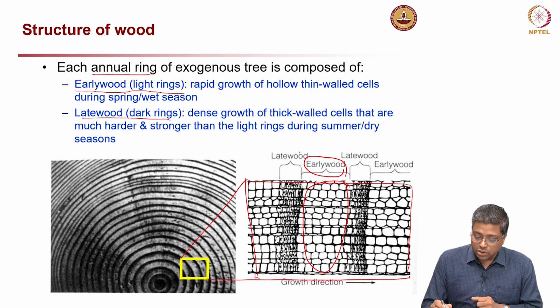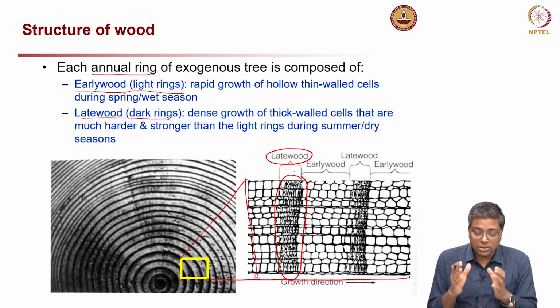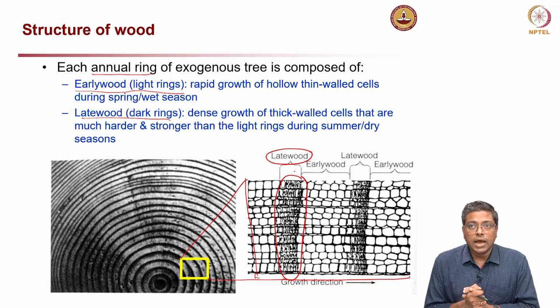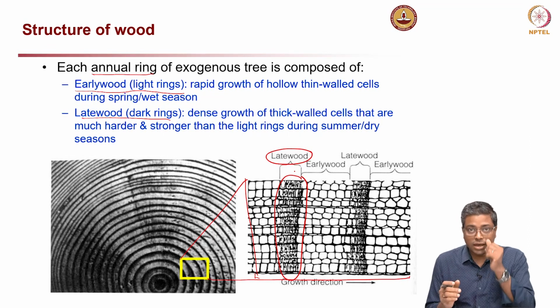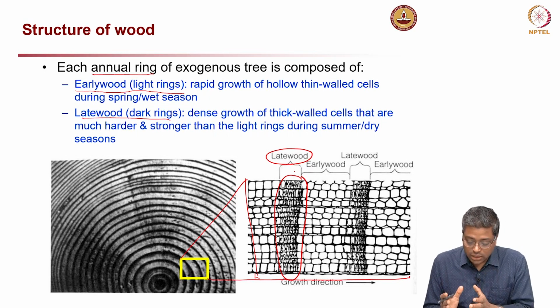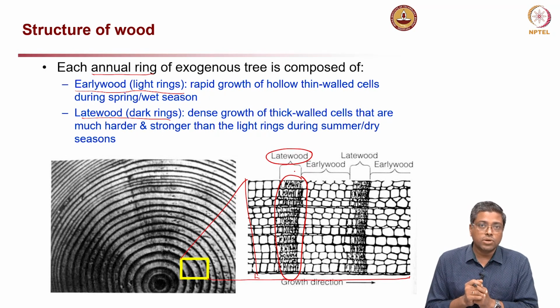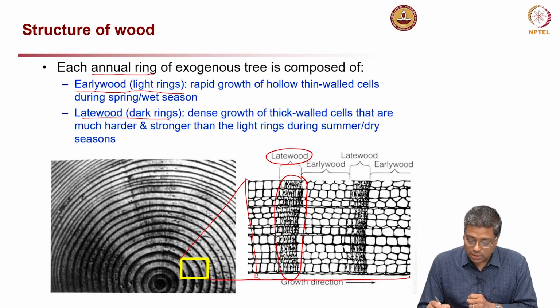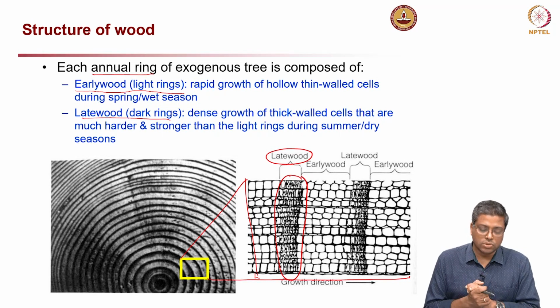Now, when you talk about the late wood, which is this, these are denser regions, and these are thick walled cells. In the early wood, they are thin walled cells. Now, these late wood are formed during the summer or dry season, and they are thick walled cells and smaller in size also.